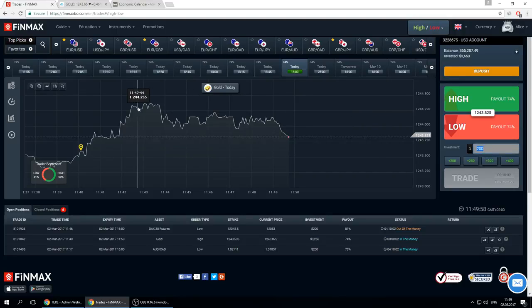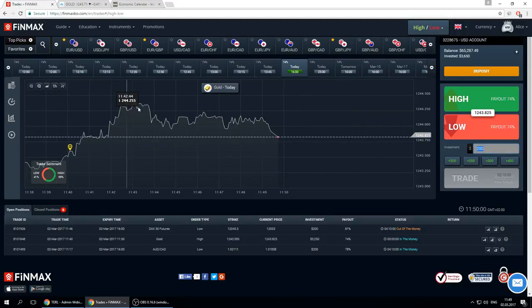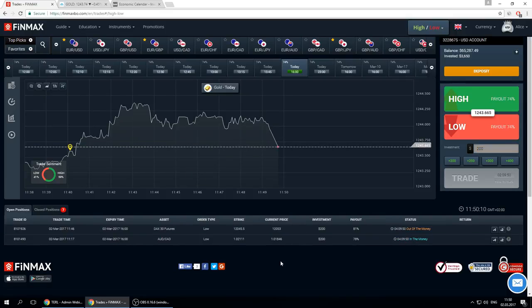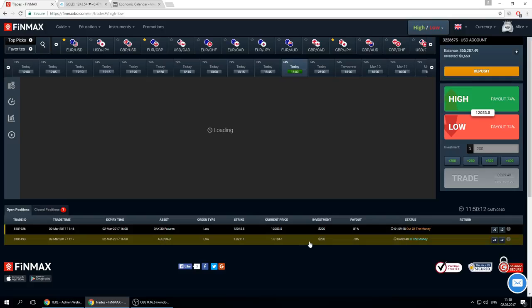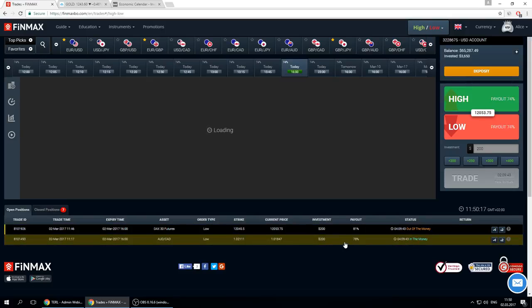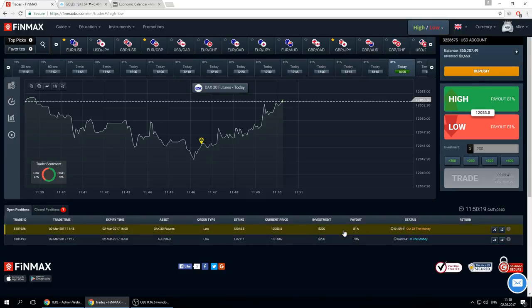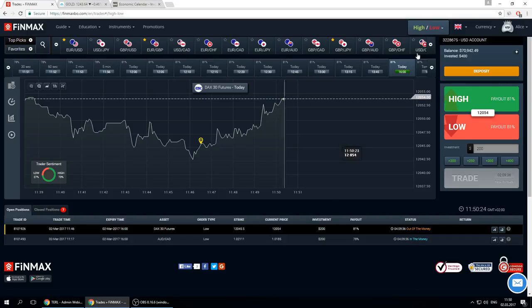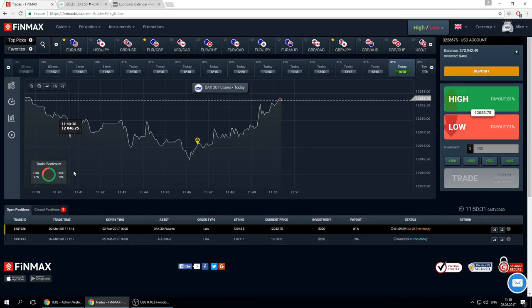Let's prepare anyway. Okay, so you see, in the money. Finally, we got that. So right now we have 2 trades that are opened, and the long one for gold has also closed finally in profit.